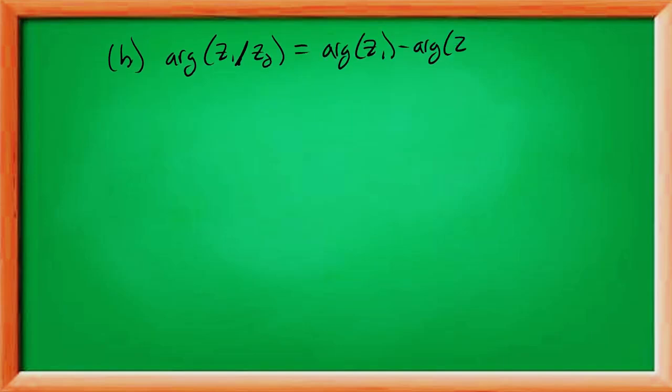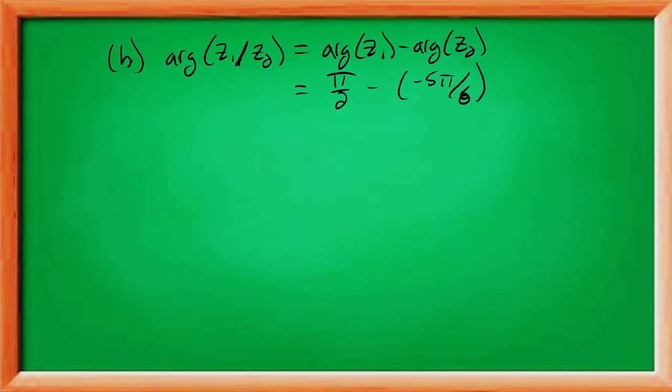Now, the second part of this problem is to compute the argument of the quotient. The argument of z1 over z2 is going to be the difference of the arguments. The argument of a quotient is the difference of the arguments. We computed this already. It was π/2, and this one was negative 5π/6. I'm going to choose to take the principal argument in this case.